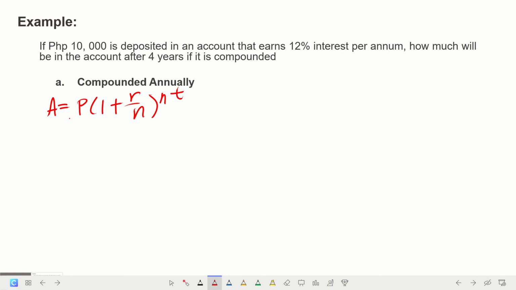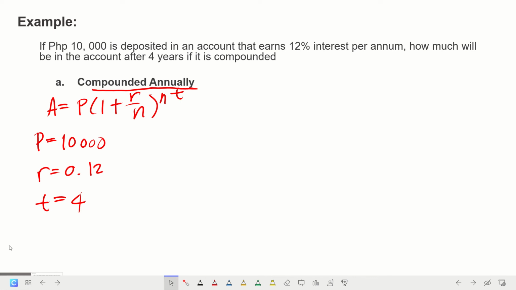So what is given here? We know the value of the principal, which is 10,000 pesos. We know the value of r, which is 12%. We write it in decimal form, so 0.12. The time interval is 4 years. And to know the value of n, it says here compounded annually.